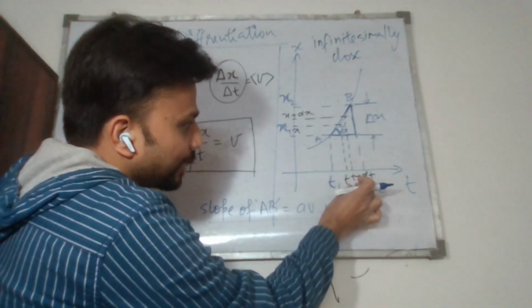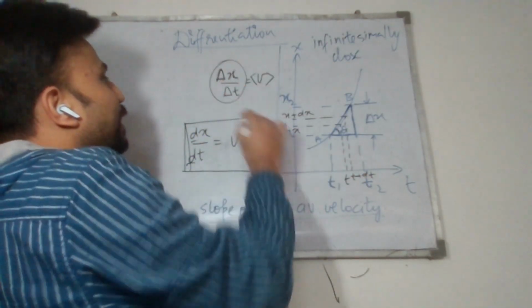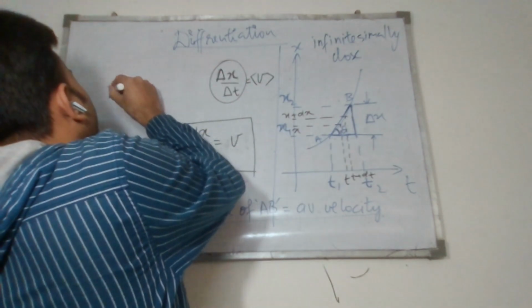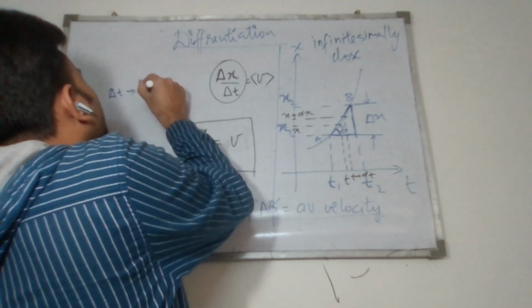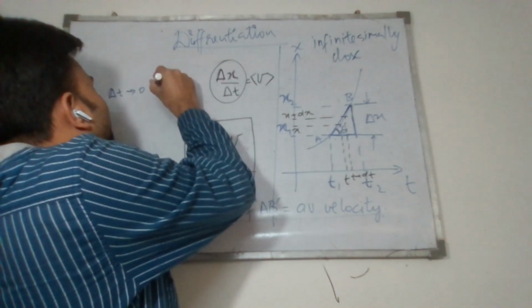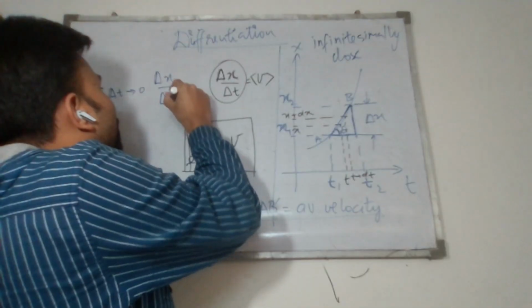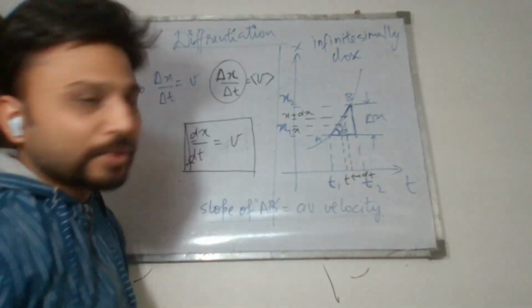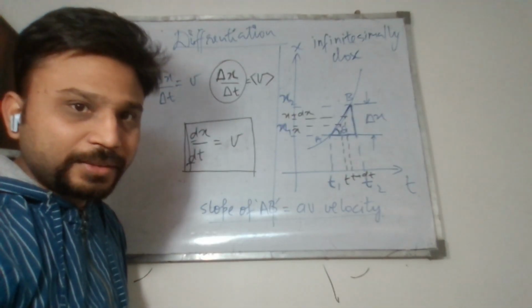So we will say that in this definition, that is delta x by delta t, or in this equation, if I make delta t very, very close to zero, so this delta x by delta t will become instantaneous velocity, right?